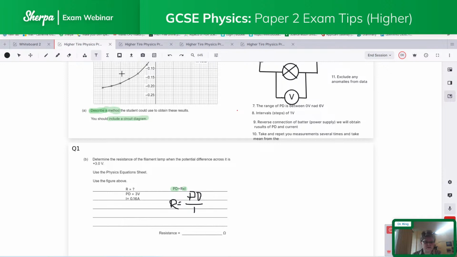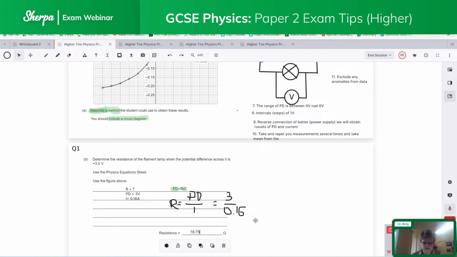And what we have, my potential difference was equal to 3 volts. At that stage, I don't need to use units, divide by 0.16. That gives me the value of resistance, if I calculate that, okay, 18.75.